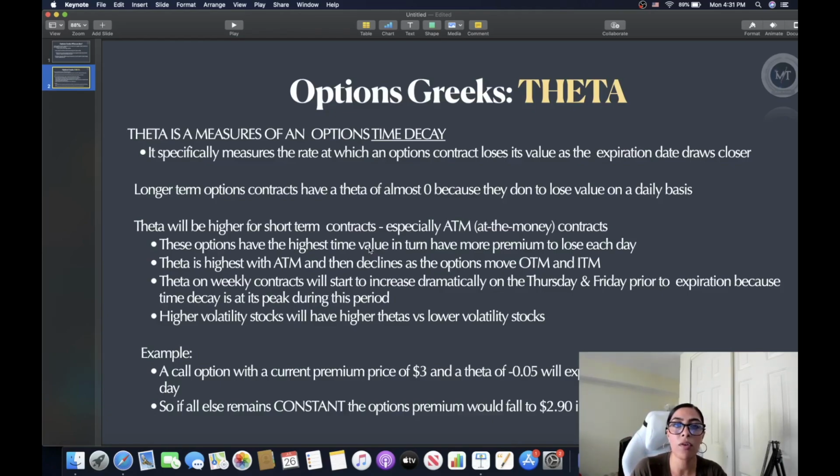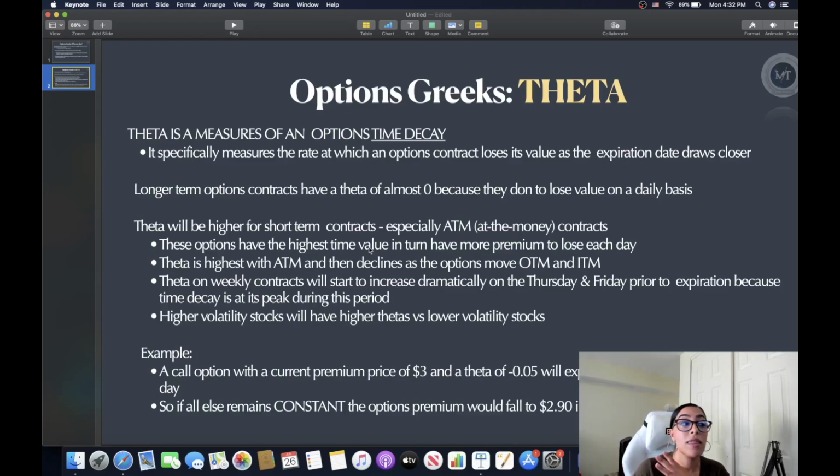Also, another thing that I've noticed, people will say they're holding a swing trade position or a day trade position on a Thursday or Friday, and they'll be down on the position, but the stock makes the move up or down, if you're in puts or calls. If you're in calls and the stock makes the move up, a lot of my students ask me why the premium's not moving, or why they're not up yet.